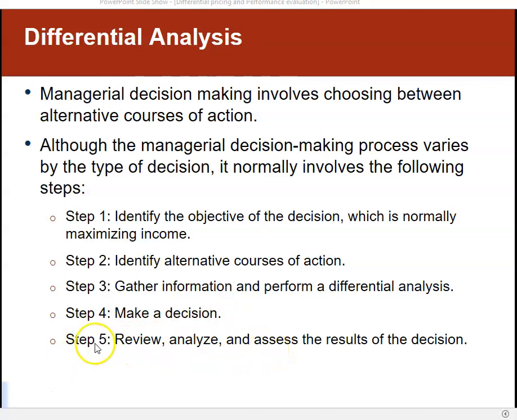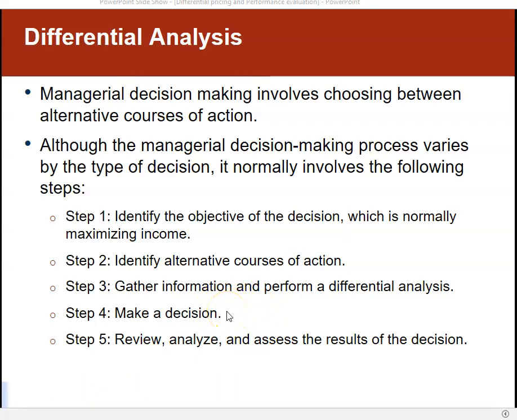Now, this step five is tricky, because depending on what our decision was in step four, and depending on other factors like the size of our business, we may not really be in a position to do anything about it if we made a poor decision.